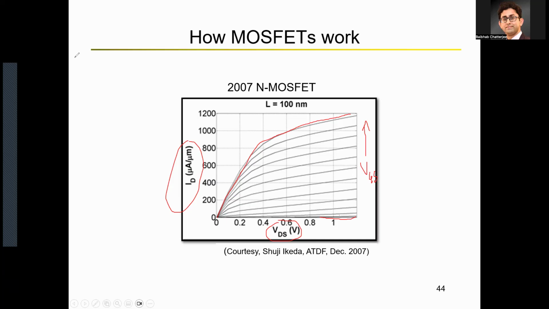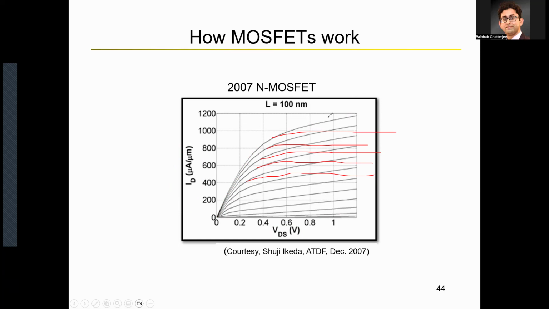Now, interestingly, what you see here is that the curve kind of saturates. It does not actually saturate, right? So that's a non-ideality of a MOSFET. Ideally, you should have seen all these curves saturating like this. But as you see, even in the saturation region, they have a slope.